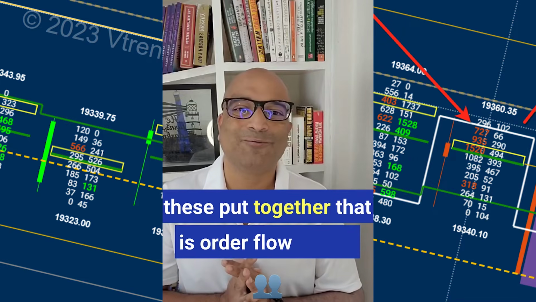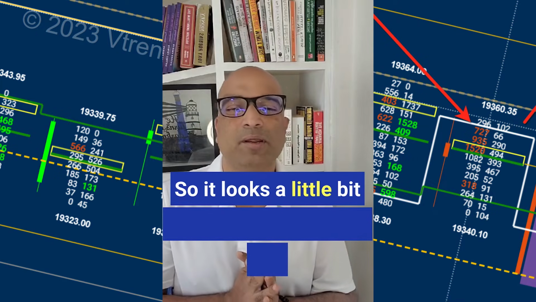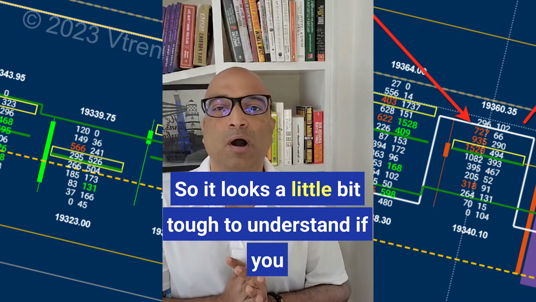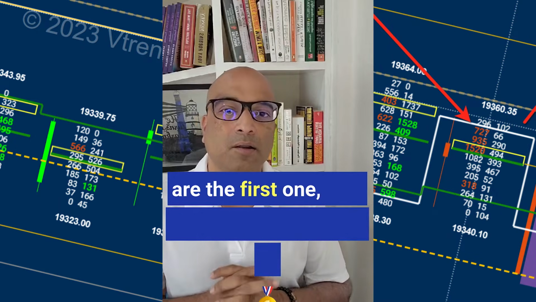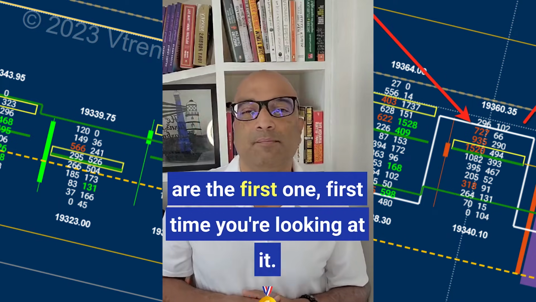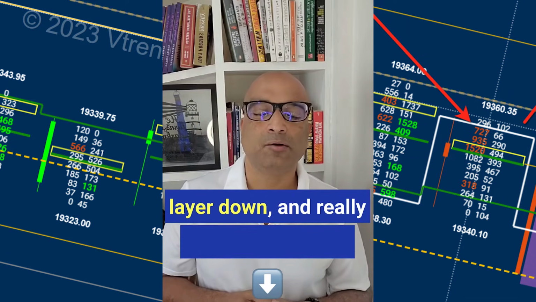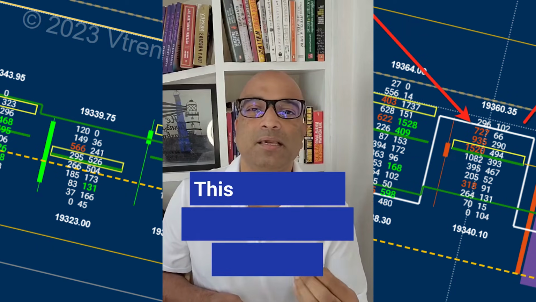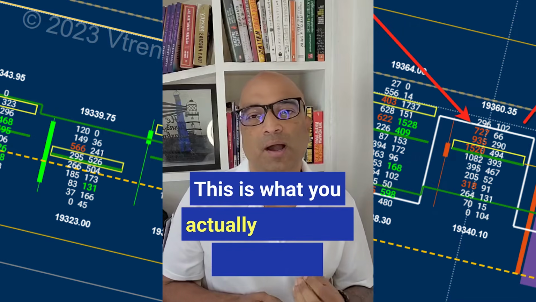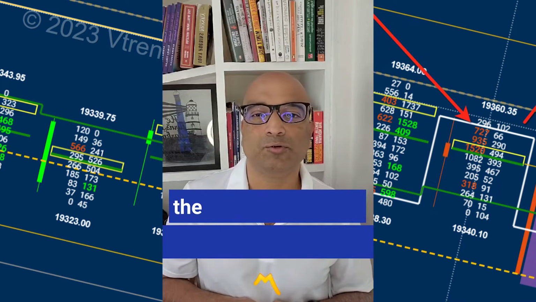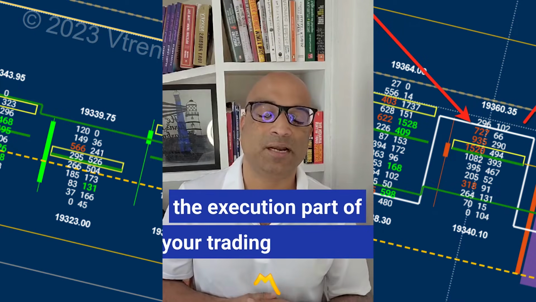That is order flow for us. So it looks a little bit tough to understand if you are looking at it for the first time. But once you go one layer down and really get to understand, this is what you actually require to understand the execution part of your trading strategies.